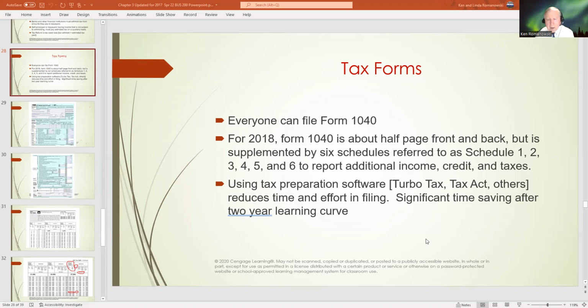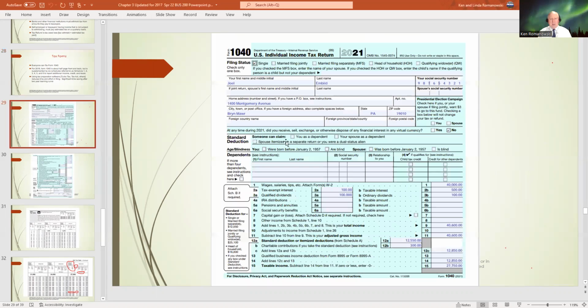So you have to provide bank account information and things like that so that they will directly deposit the money right into your account. Okay, so let's take a look at what a 1040 form actually looks like. All right, so this is the first page of the 1040 form.